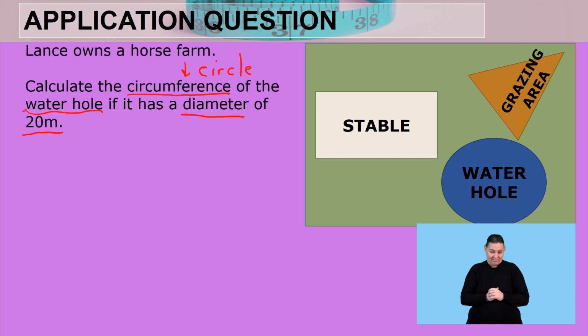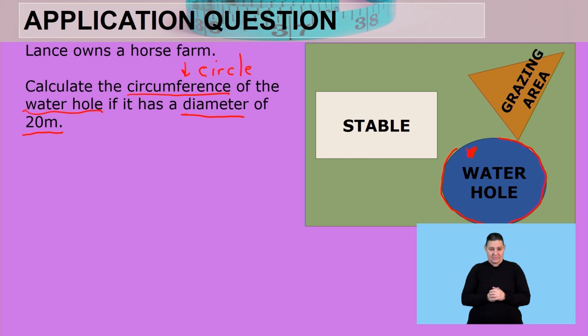So the water hole is right here. Let's put a little marker there. As you can see, it's definitely a circle. The perimeter or the circumference will be the outer edge of the shape. That whole piece there, that's what I'm trying to work out, and nothing else.